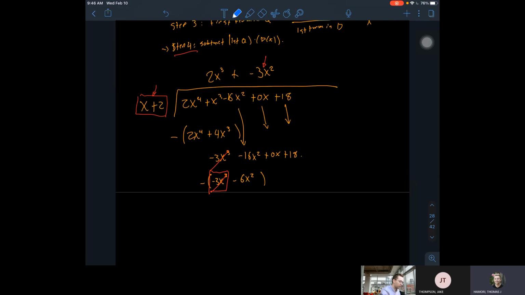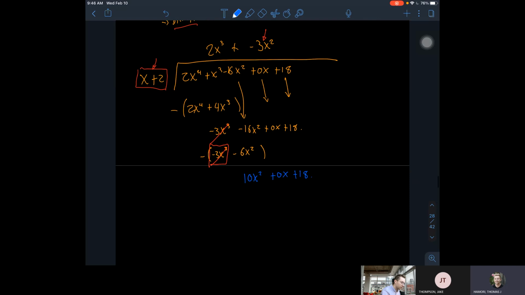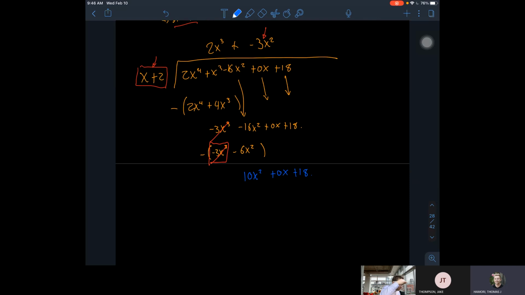Okay, hopefully this is starting to make a little more sense now. So let's keep going. If we just subtract a negative 6x squared from negative 16x squared, we would get 10x squared plus 0x plus 18. Okay, and now I want to put a plus sign, and I want my next term to be such that when I multiply it times x plus 2, the first term of it is going to cancel out with that 10x squared.